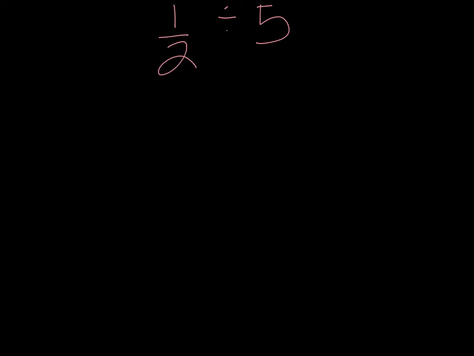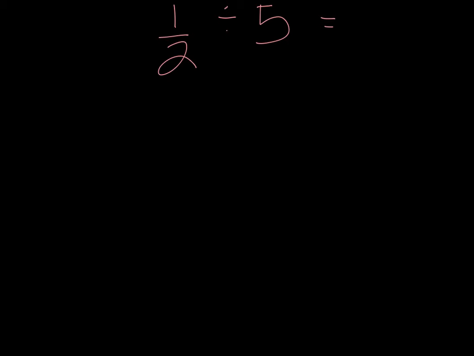If I have half of a pizza and I want to split it equally among my 5 friends, I know that everybody is going to get a piece of pizza that is less than 1/2 because I'm only starting with half of a pizza. Okay, so I know my answer is going to be pretty small. So to divide 1/2 by 5, I'm actually going to take the reciprocal, which would be 1/5.